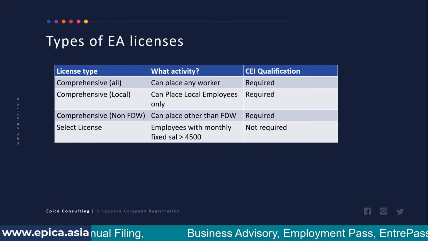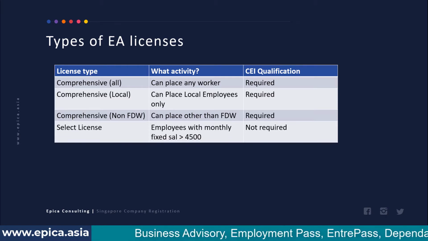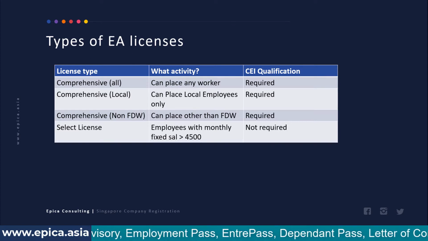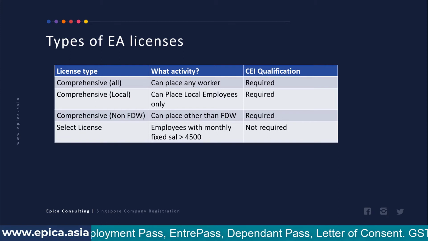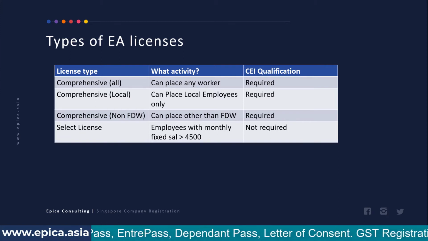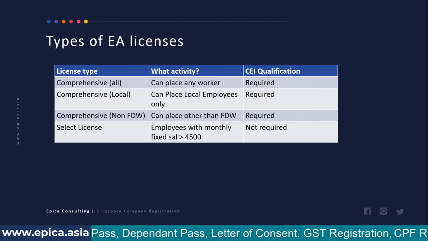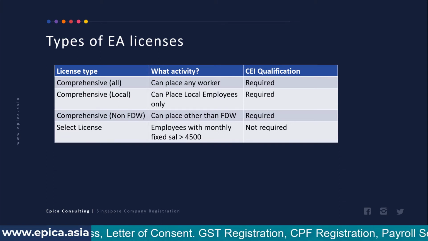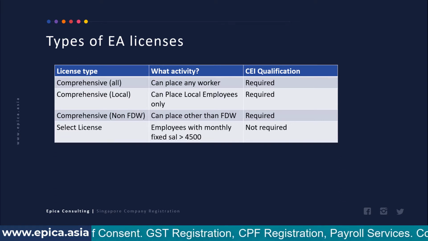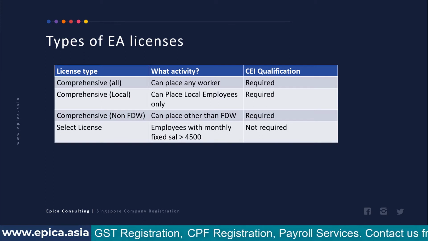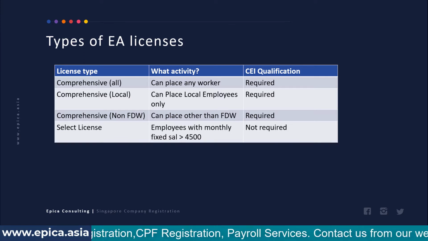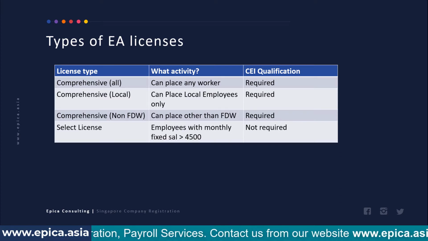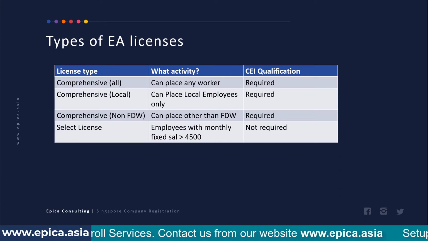The next license type is comprehensive non-FDW. You can place all workers other than foreign domestic workers. Foreign domestic workers means the maids who work in various Singapore households. Typically at the lowest strata of Singapore society there are these two work permits: foreign workers who are unskilled and come to do various labor jobs like digging, construction helper and so on, and the other one is FDW, that is foreign domestic worker.